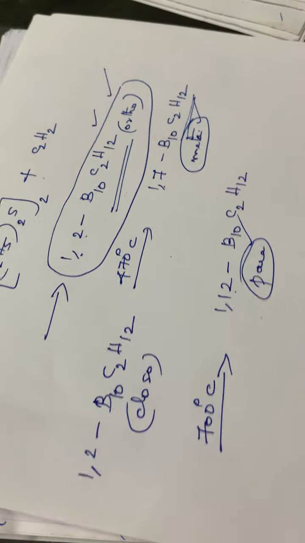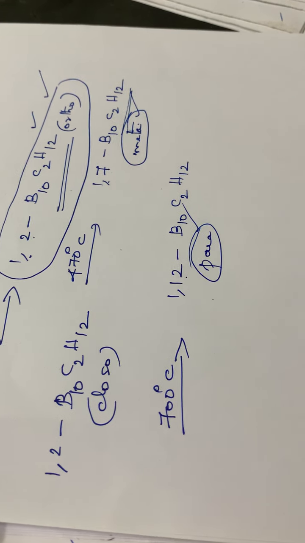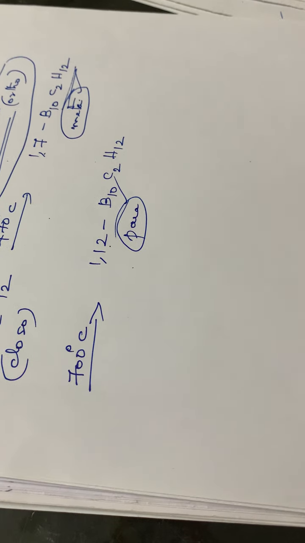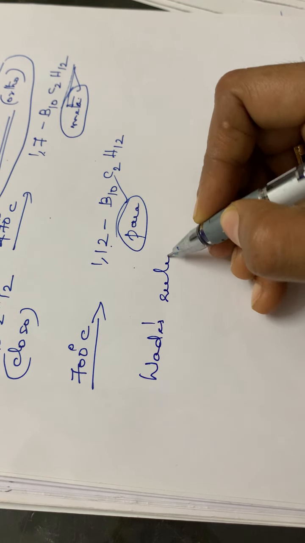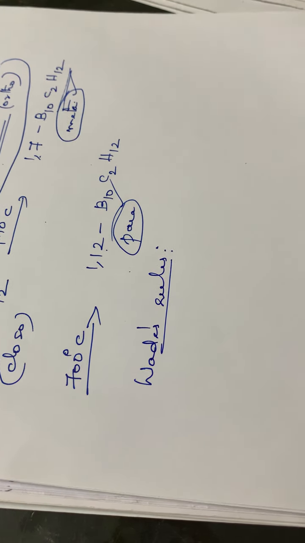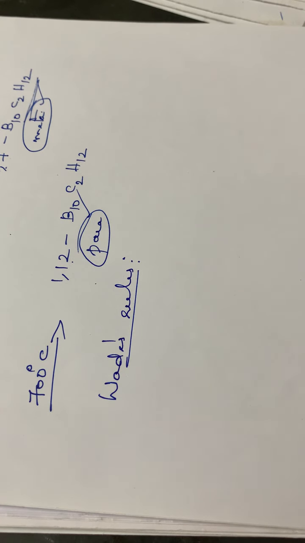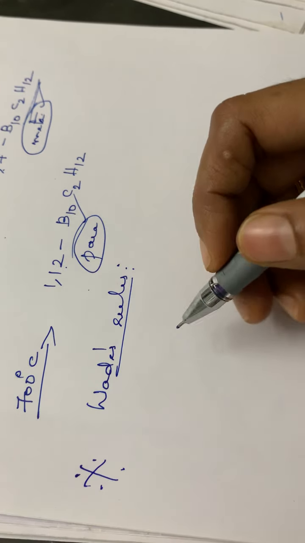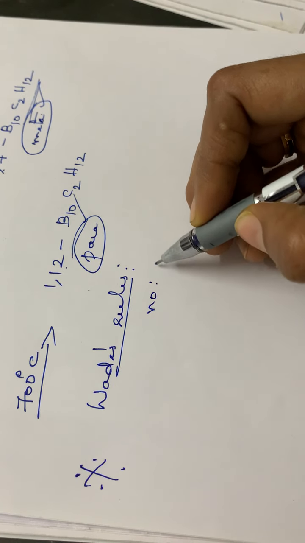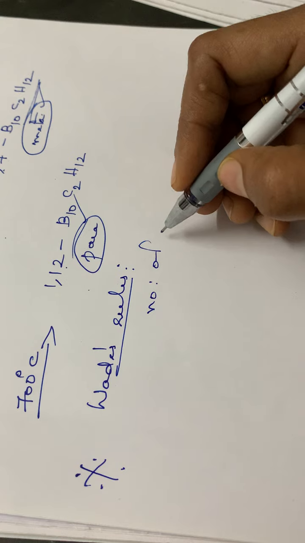Hope you understood this also. Then the next one, that is Wade's rules. It is very important. It is used for finding out the number of electrons present in a multi-centered bonding orbital.